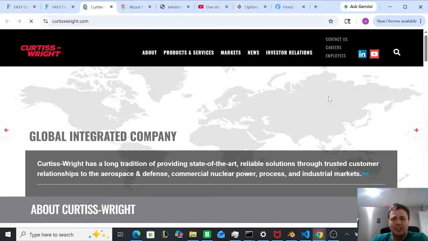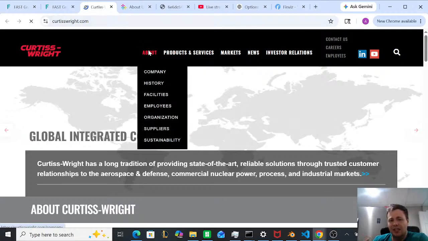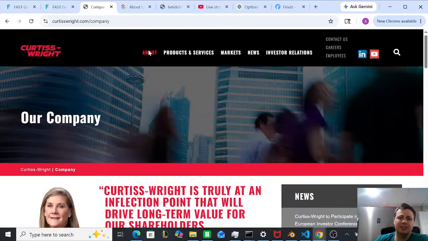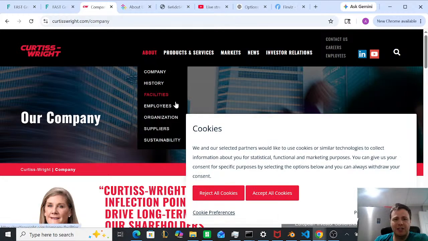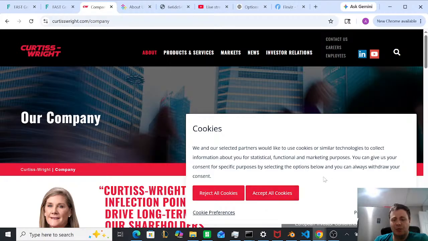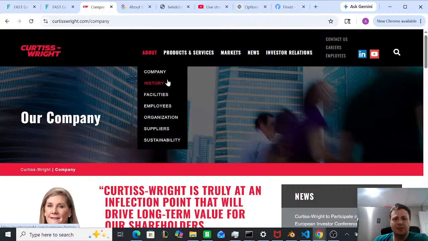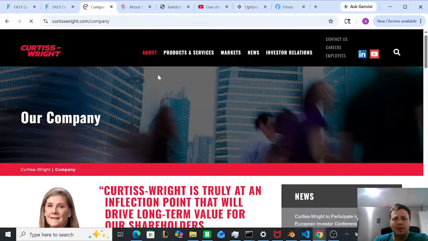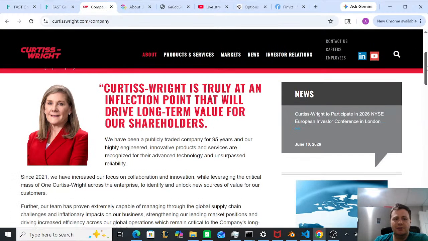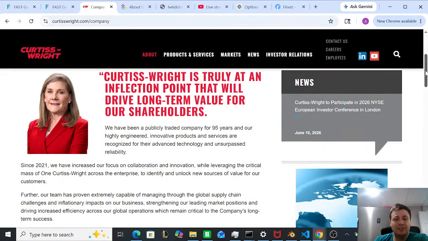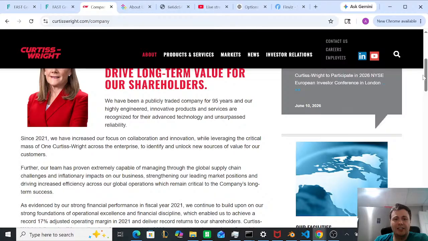It's an industrial company that makes a lot of the nitty-gritty stuff, like valves and pumps and motors and things of that nature. They've been publicly traded for 95 years. So they're engineering and innovative products.